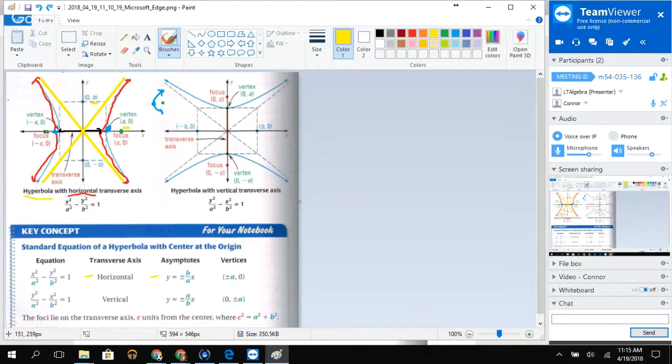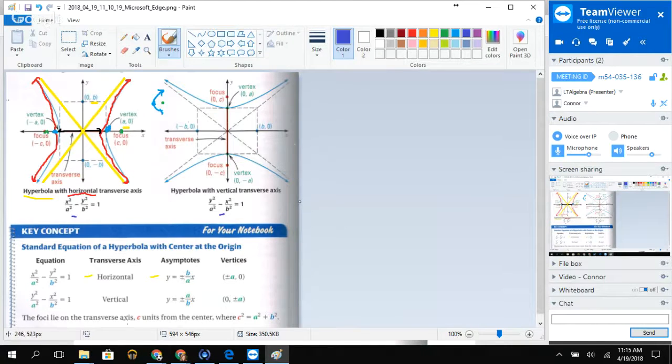And if it's a horizontal ellipse, then your bigger term goes under your x. If it is vertical, then your bigger term goes under your y. So they feel very similar. It's just a change of signs between an ellipse and a hyperbola. With hyperbolas you're subtracting your terms, whereas with ellipses you're adding.